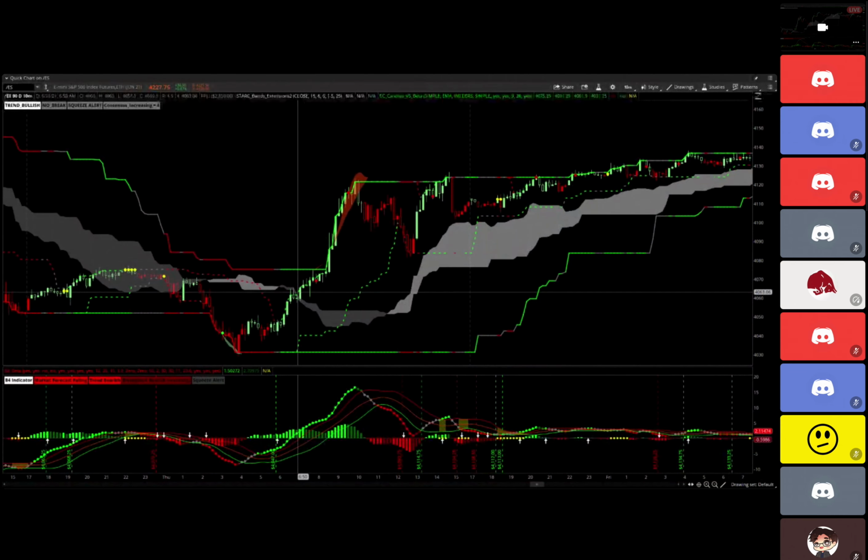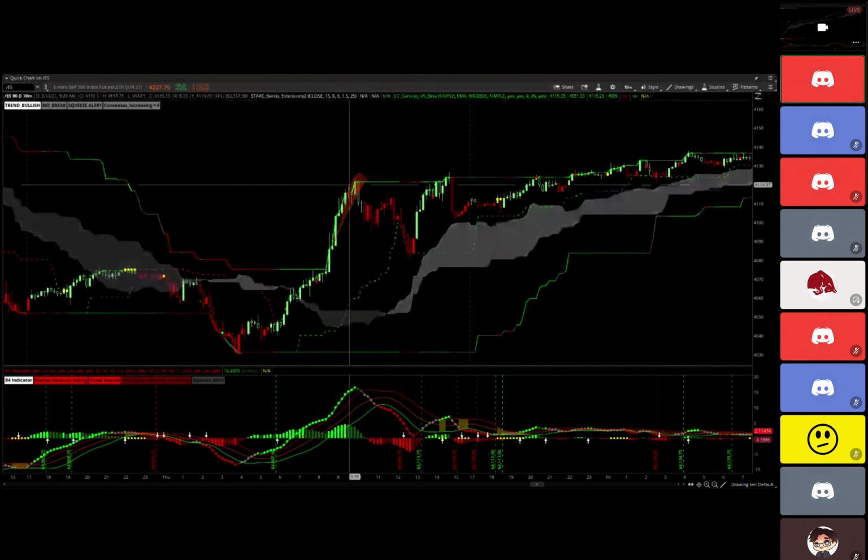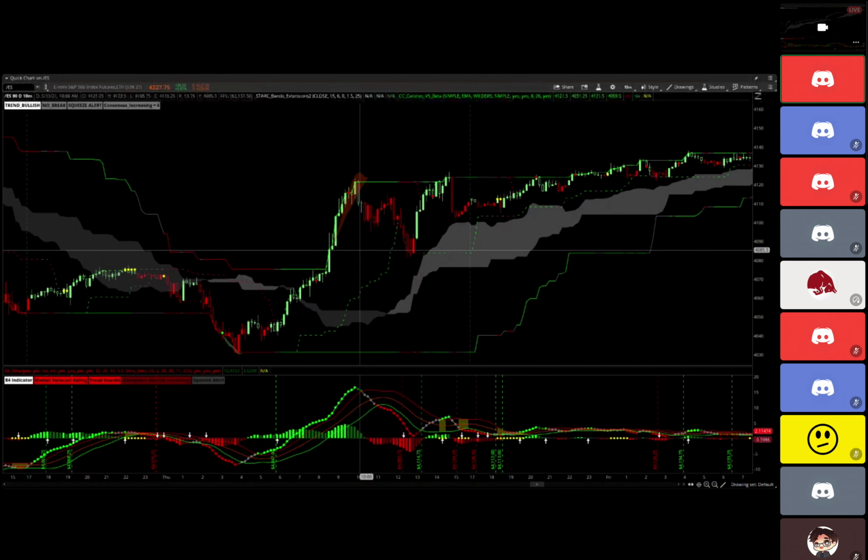But at the same time, reach your target, take your money. If you want to play it until it crossed here, that was good too. It worked well. If you wanted to play it till it went above the cloud here, also good. But key is have those targets.